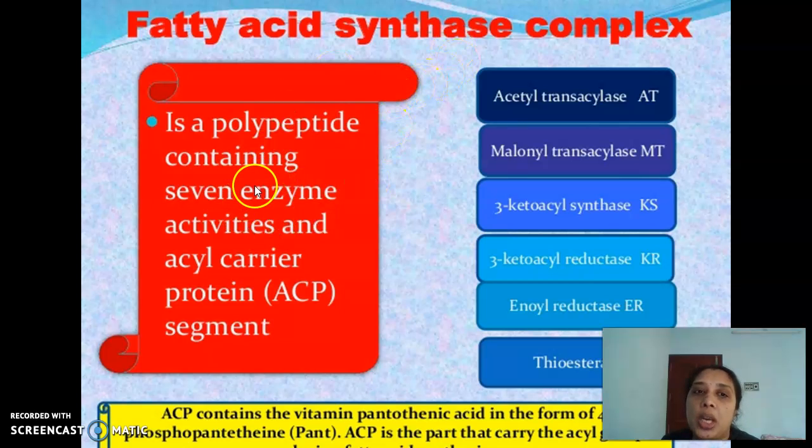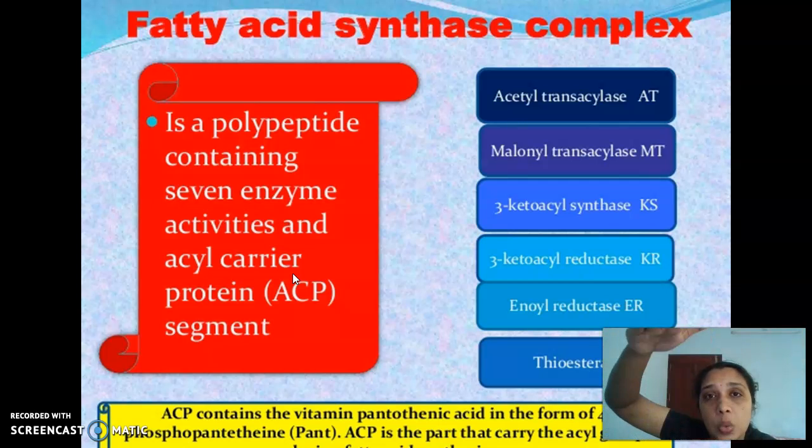So what is fatty acid synthase? It's a polypeptide chain having 7 enzyme activities, E1 to E7, and in addition to this E1 to E7, there's one more thing which is known as acyl carrier protein. Structure I'll show you. It's a long molecule. Now, in the case of PDH, it was TPP which is acting like a swing.